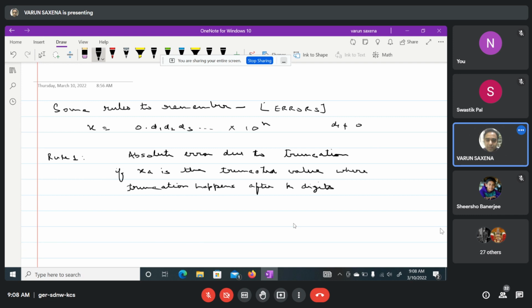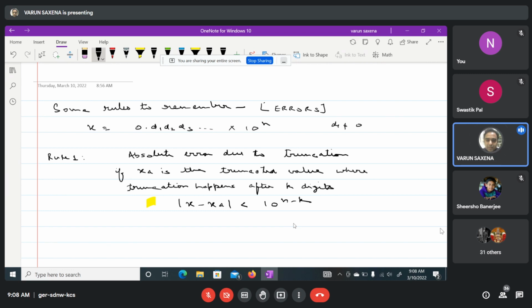So you've taken 4 digits, 5 digits, and then you truncate it. Then the absolute error will always be less than 10 to the power n minus k. That's a rule. It's important. You can verify it in the problems that we'll do. All right, we'll do some numericals and you can also check.